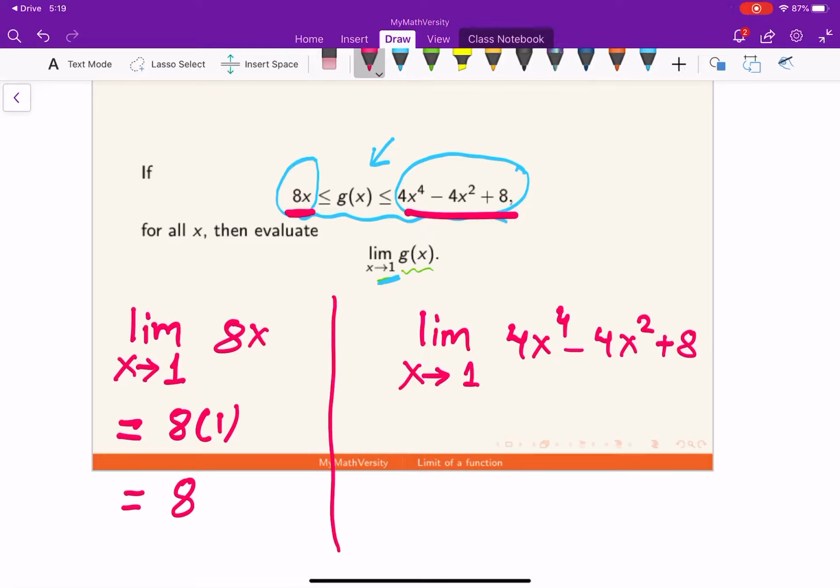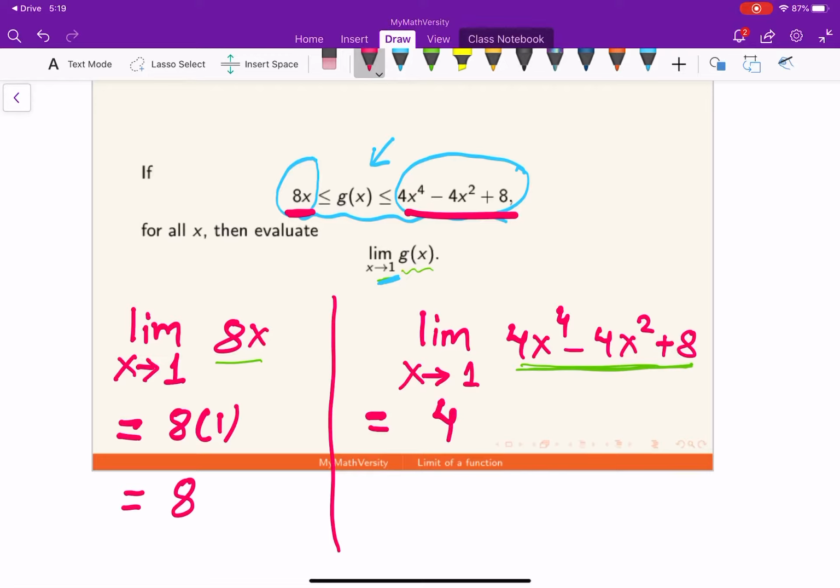In the same way, let's find the limit of the function 4x to the power 4 minus 4x squared plus 8. We can use the same argument. Since 8 times x is a polynomial, this function is also a polynomial function. So for a polynomial function, we can just use the direct substitution property. Let's replace x by 1.